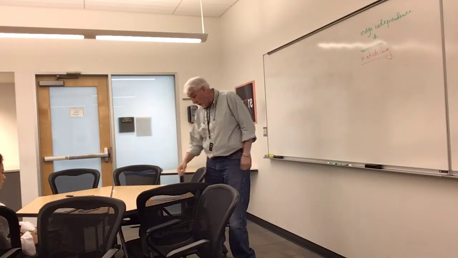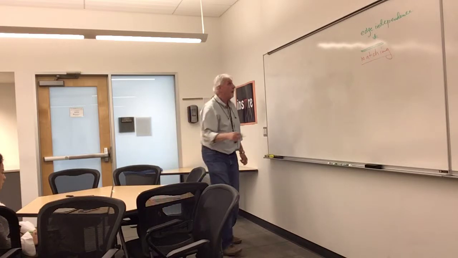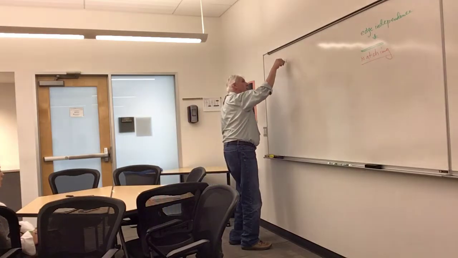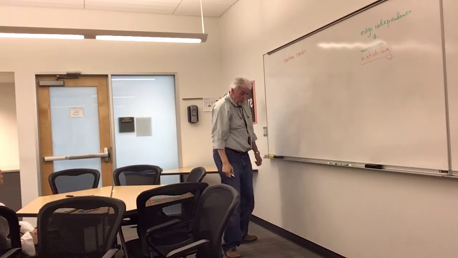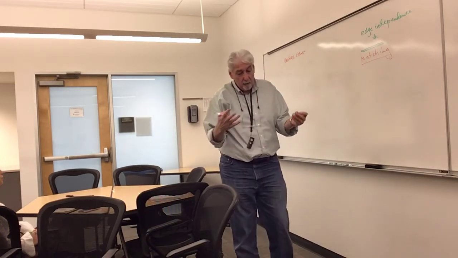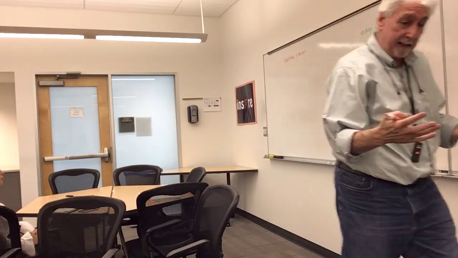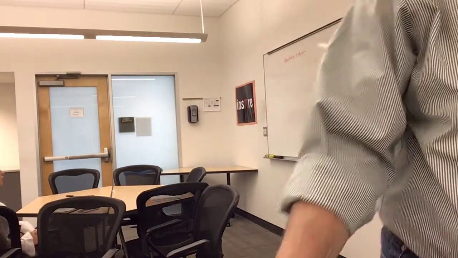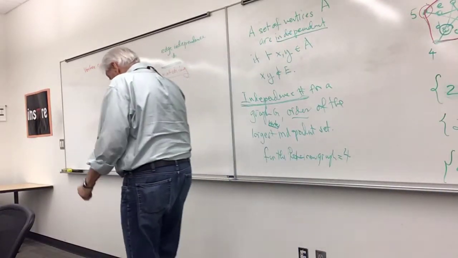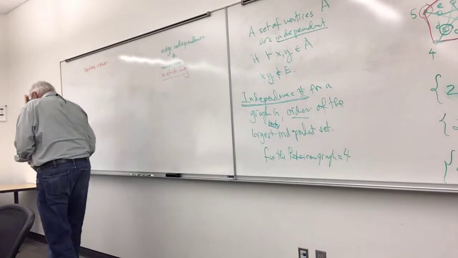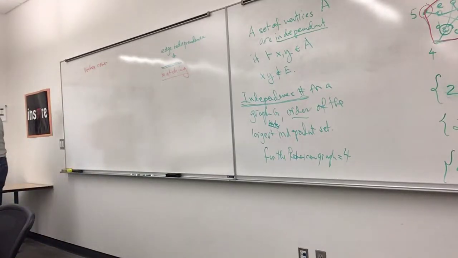Okay, so I want to talk about a vertex cover. One of the things about graph theory is that the names of things hopefully make sense. They don't always make sense, but hopefully they do. I'm looking at independent edges versus independent vertices.